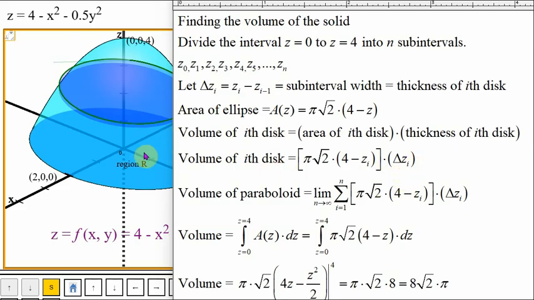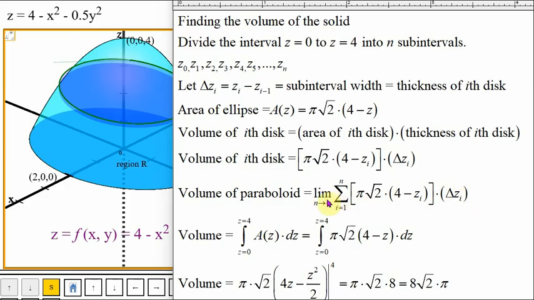If we have an infinite number of disks, this is what the expression looks like, and we allow n to run to infinity. This part here is the volume of the ith disk.